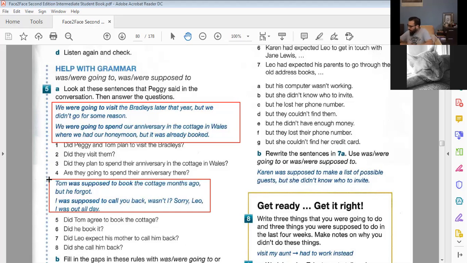Okay, so what do you get from all these examples? What's the pattern here? Can you show me the pattern, or at least the meaning? What do you get from these kind of sentences? Using going to in the past.